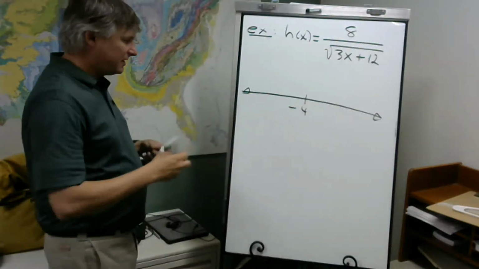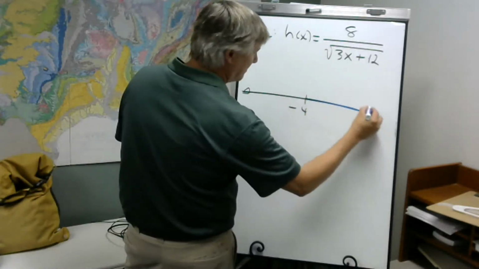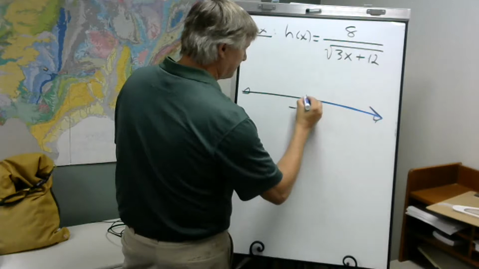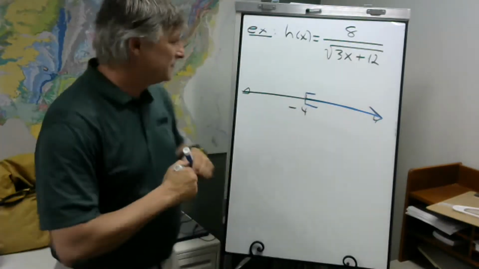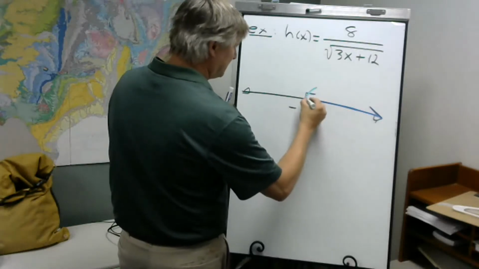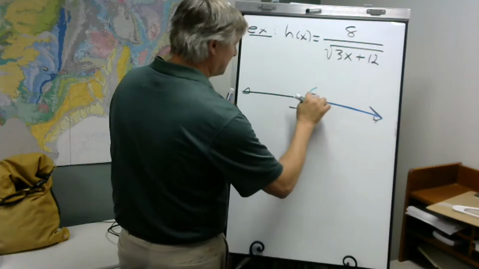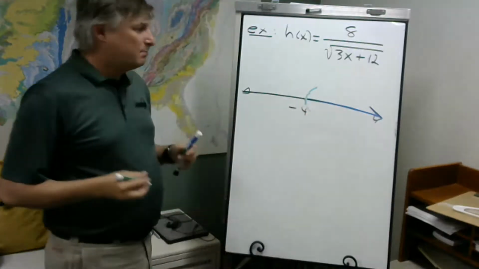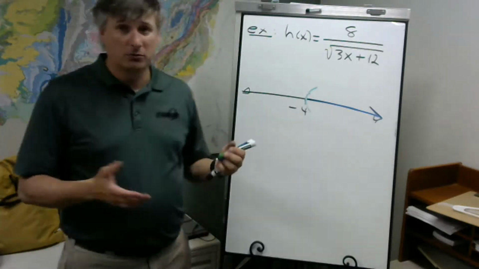So we have a restriction that says we need to be bigger than negative 4. But then we have another restriction that says, wait, you got to make this even tougher. You don't get to keep negative 4. So we have to keep both restrictions. And it's the restrictions that overrule.